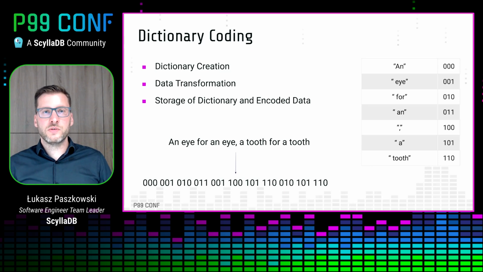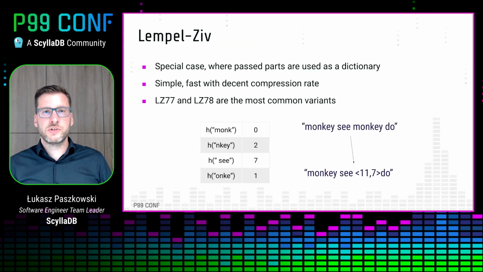Lempel-Ziv is one of the oldest, most simplistic and widespread compression algorithms out there. Its powers come from its simplicity, speed, and decent compression ratio. The algorithm is lossless, meaning it compresses data in such a way that allows for exact reconstruction of the original data.